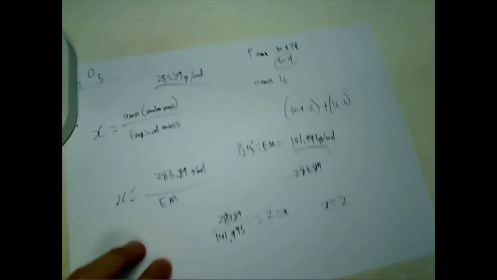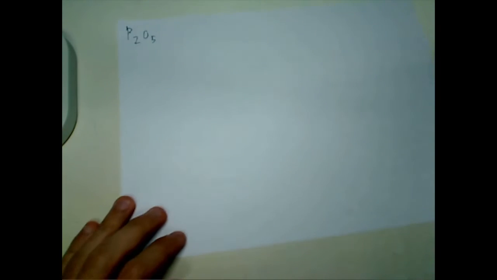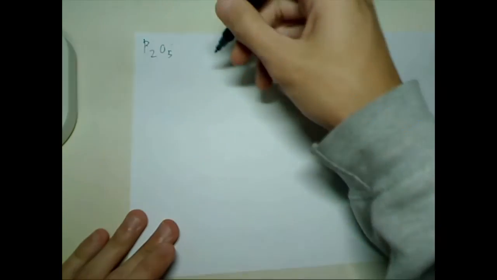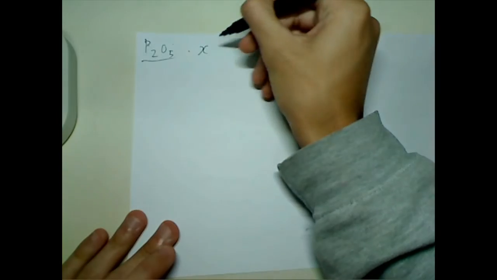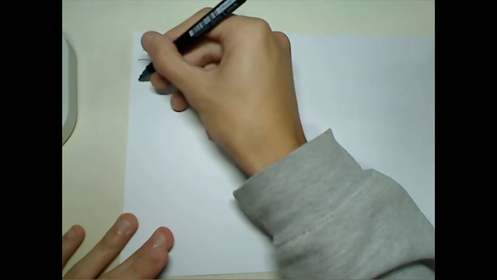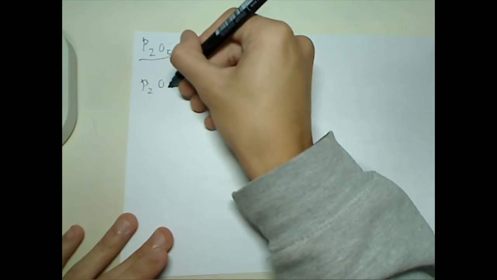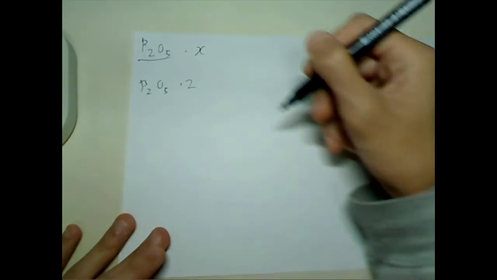Now to the second step, we use x to find the actual molecular formula. And this part is really easy. All we do is multiply the empirical formula by x. Now we know x is 2, so we do P2O5 times 2.